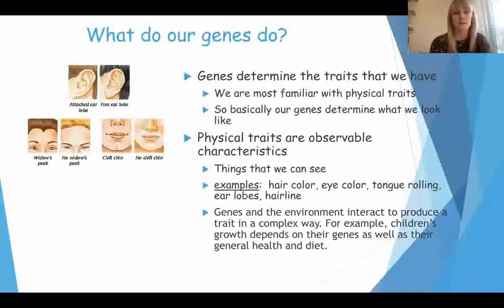There you can see there's an attached earlobe, the free earlobe. That's a very interesting one that's determined by your genes. So take a look at your peers, take a look at your family members, and you can see the genes there doing their job.